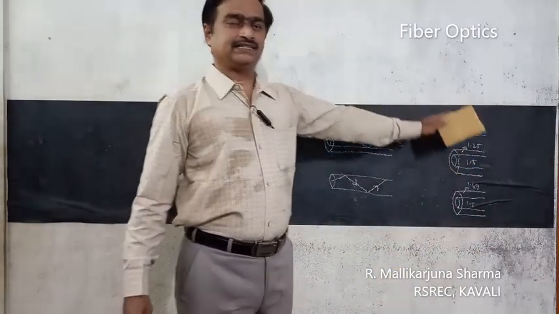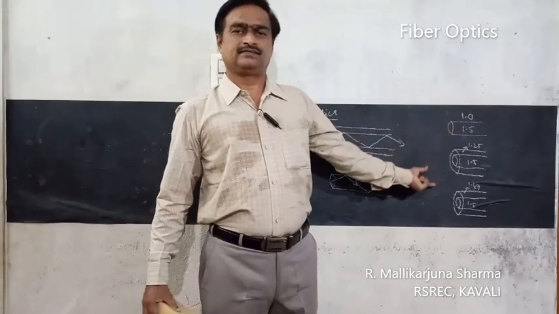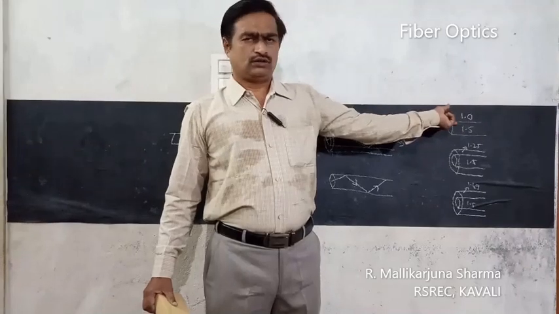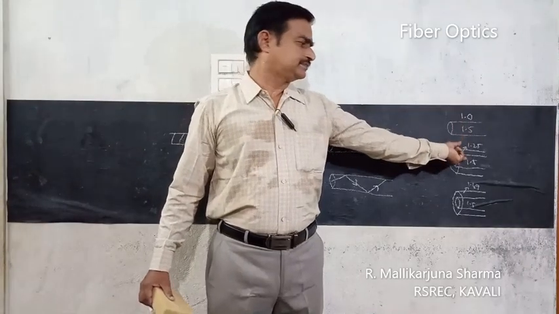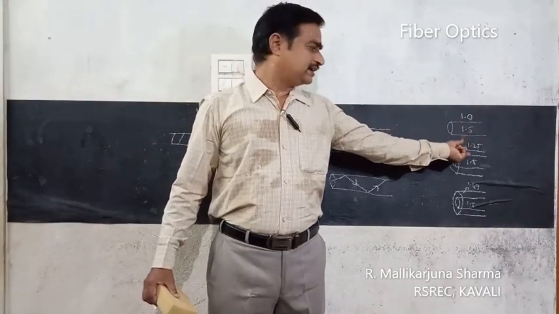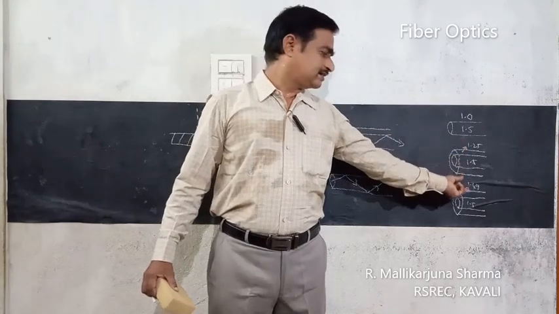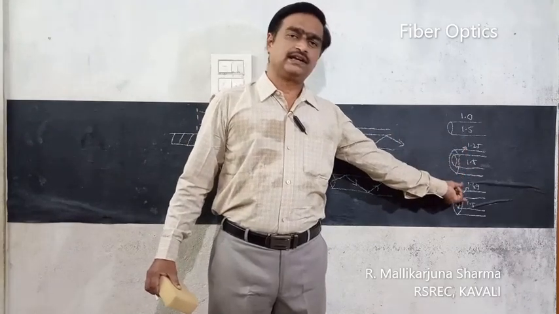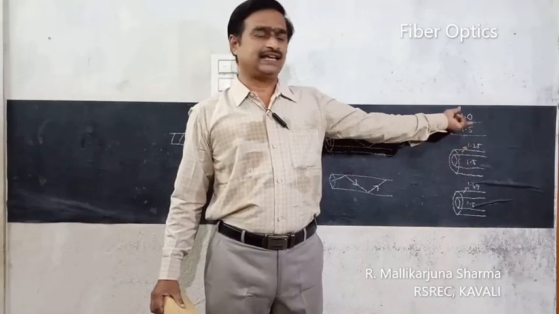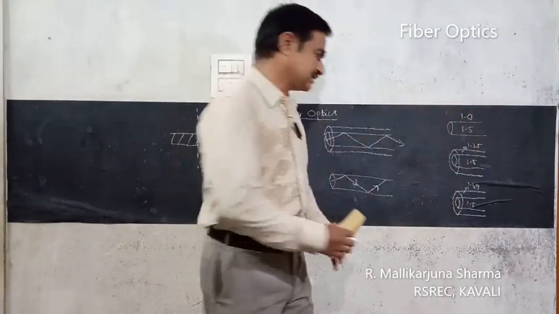If we compare these three, it is the softest medium, comparatively denser. This is close to this one. If we compare these three cases, the best option is this one.